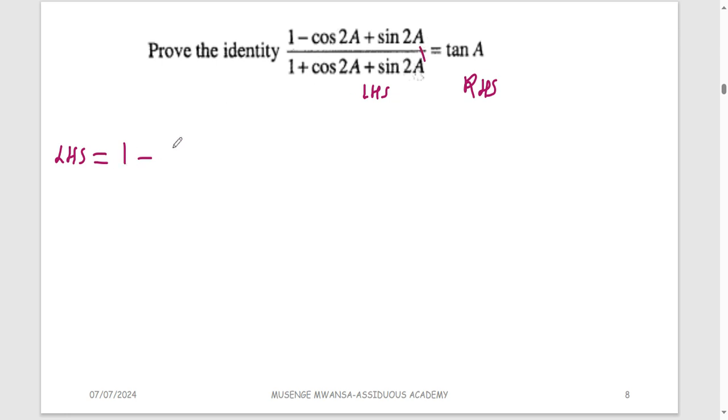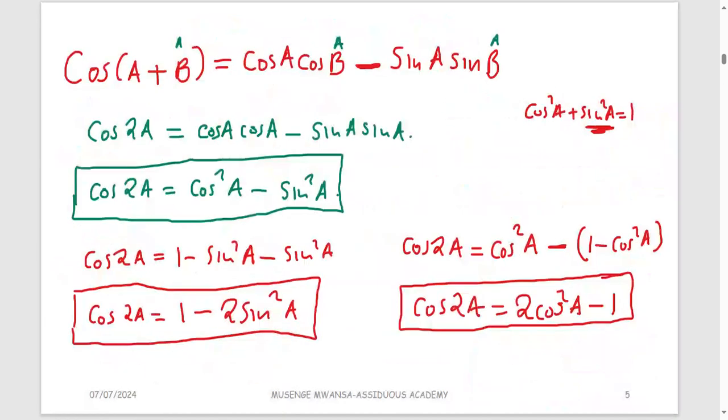Remember cos 2A is cos squared A minus sin squared A and some other main identities. Let me express everything in terms of sin. What I mean is that I want to use this identity here.